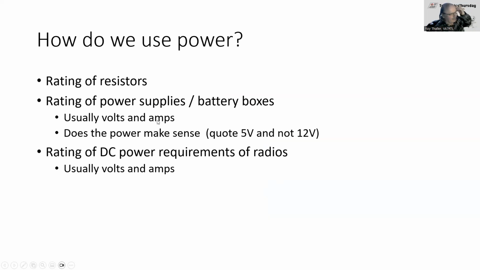Some of the things you have to be careful with, especially with battery boxes, is that the power that they quote may not make sense. Because if they supply 12 volts and 5 volts, they'll probably quote the higher power value in their advertisement, which gives the impression that it's supplying more power for 12 volts, but it's actually supplying that amount for 5 volts.